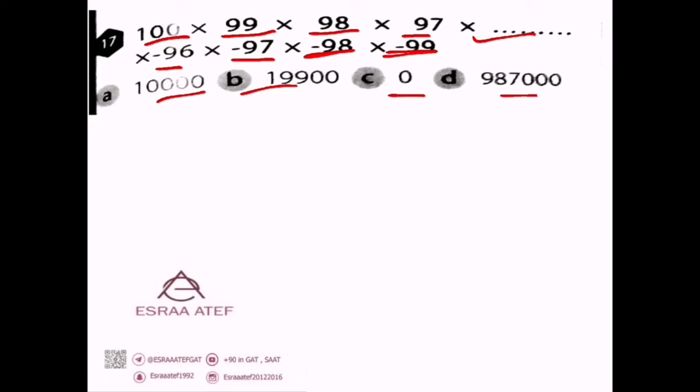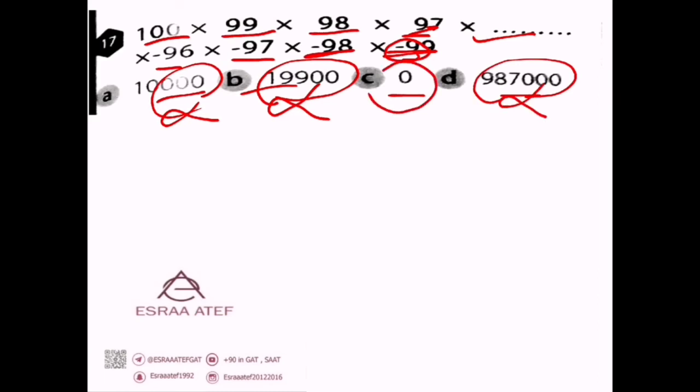It's from 100 and then it decreases until it goes to negative 99, okay. So which one number is less than 97? We can't choose this one, and we can't choose this one, and we can't choose this one. The only answer which we can choose is 0. So here, this is one of the questions that saves time for other questions, solving in only 1 second.